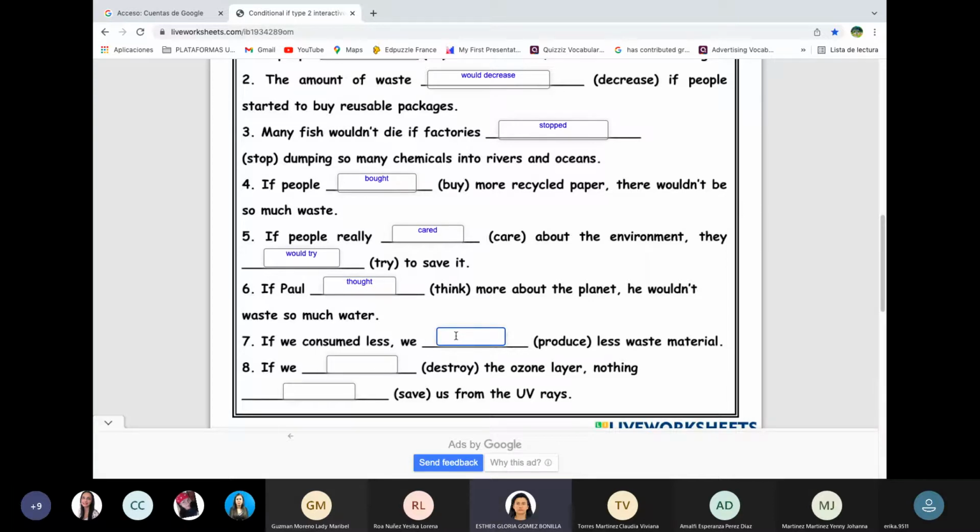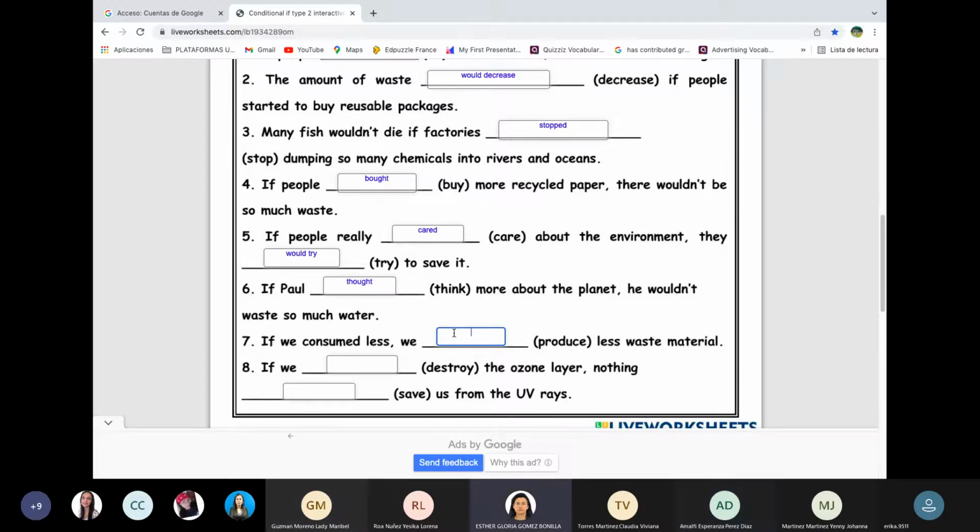If we consume less, we produce less waste material. What is the modal? How do you complete it? Produce it. No. Will. Okay, if we consume, past tense, less, we produce.